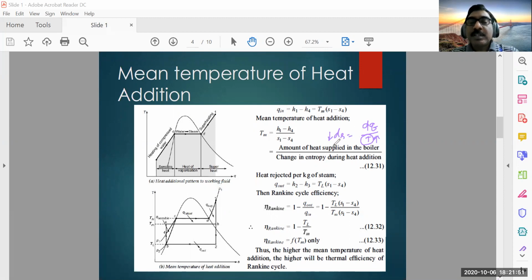This indicates a high quality energy, and therefore we will be getting a higher efficiency. Right? So you understood what the mean temperature of heat addition is: if it is increased, the efficiency will increase.